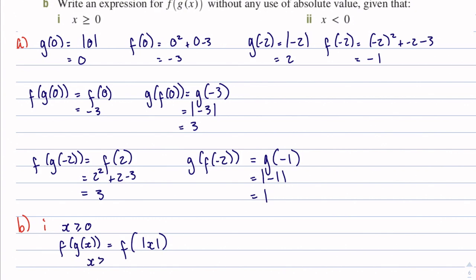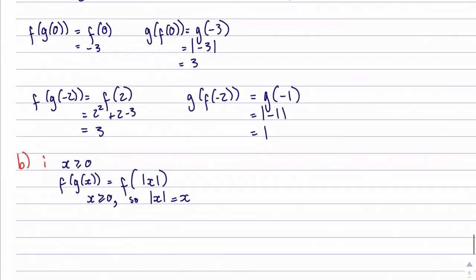But x is greater than or equal to 0, so the absolute value of x is just going to be x, because x is not negative. It's greater than or equal to 0, so it's always just going to be itself. So f of g of x is actually just going to be the same as f of x. x squared plus x take 3. Next one, not so easy.